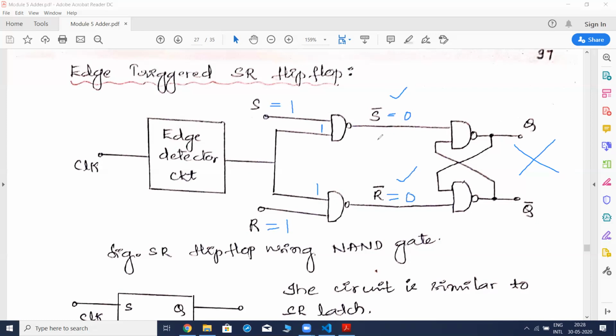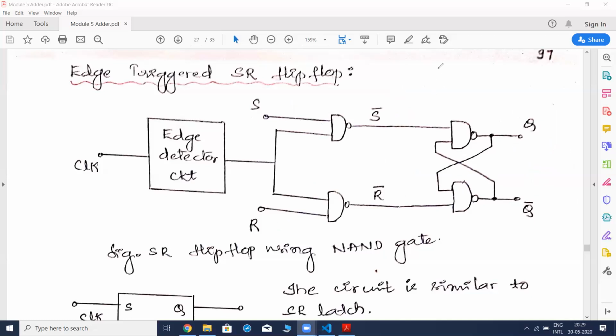When any one of the inputs is 0, we are supposed to get 1 at each output. But according to our definition of flip-flop or latch, our outputs must be complement to each other. We are not getting that condition, thereby we call this state the invalid state.